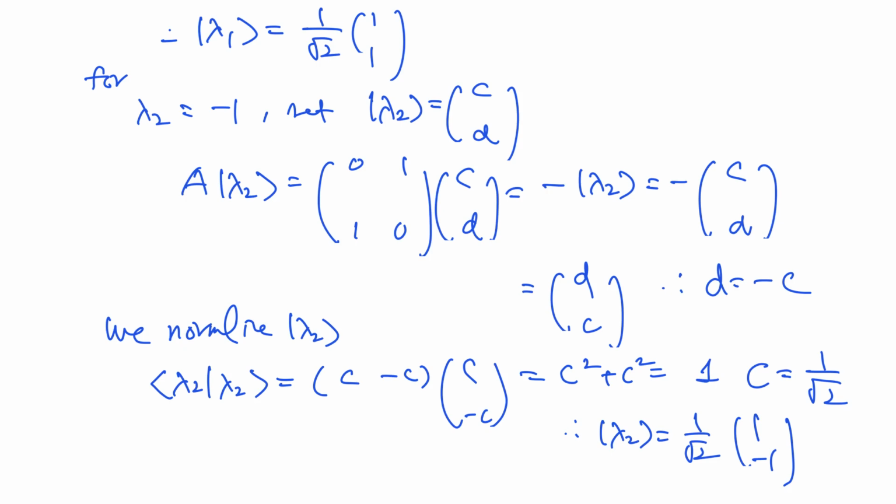This scenario seems to be familiar from the last class, right? And maybe you are curious why I have chosen the particular numbers 1 and minus 1. That actually turns out to be the eigenvalues of that particular matrix.